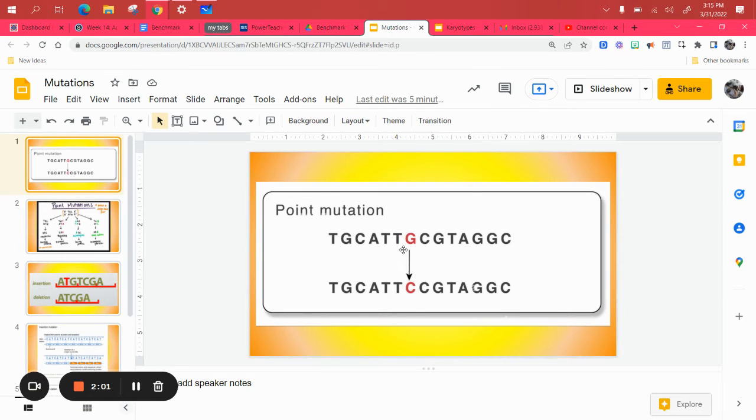If you look at this example, here's our DNA. This mutation probably is going to occur during replication during the S phase of interphase, and for some reason our G was switched out for a C. So what is probably going to be affected here would be a single amino acid, maybe.